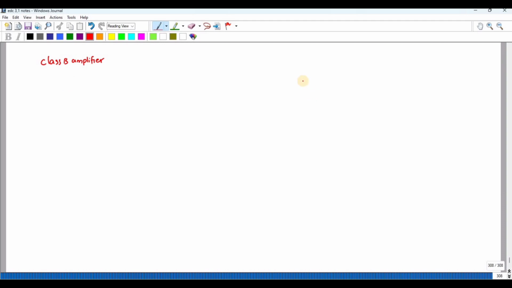So if I plot the graph with respect to IC versus VCE, the Q point will fall below this value.